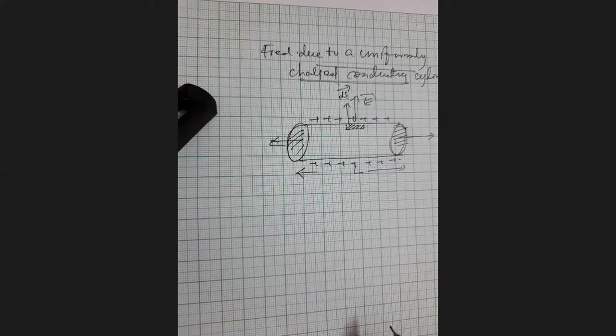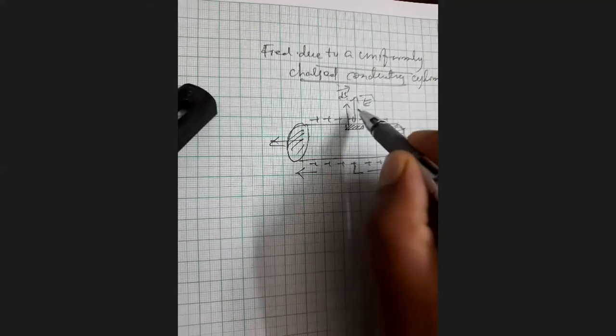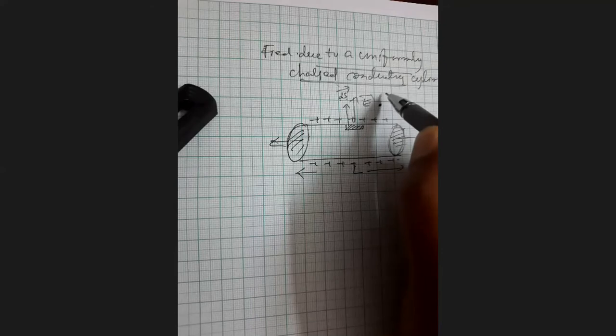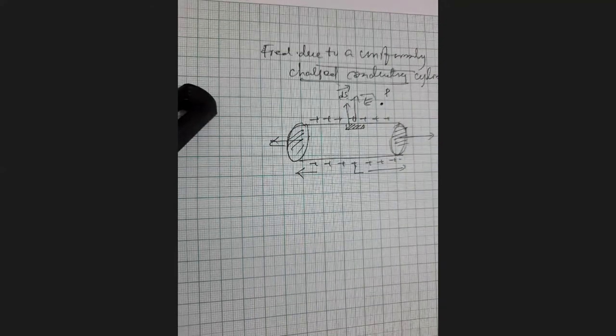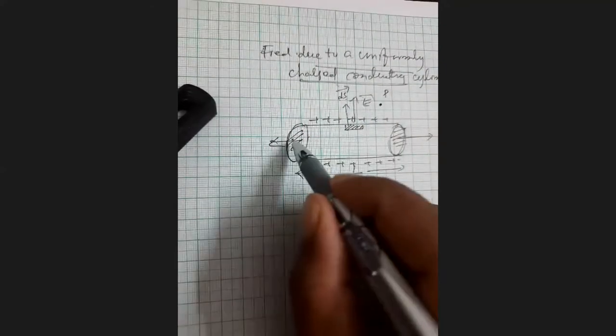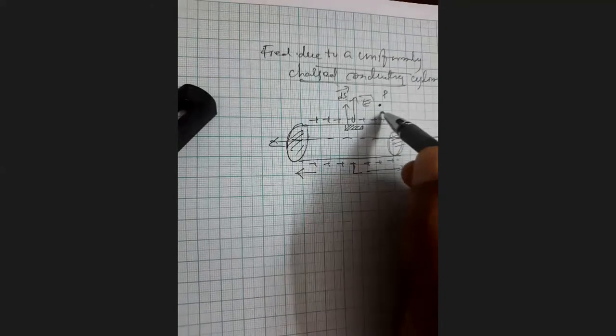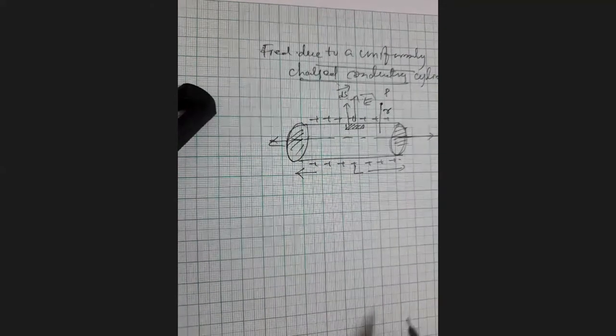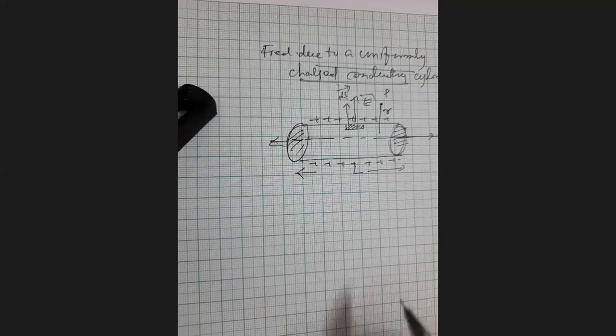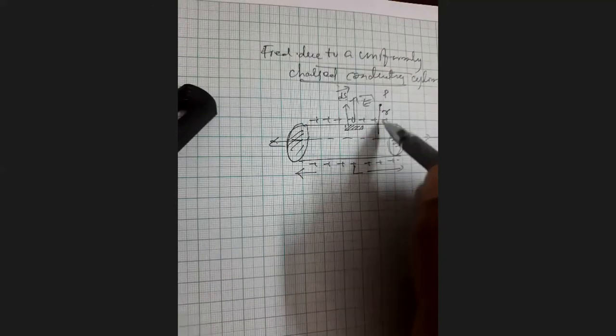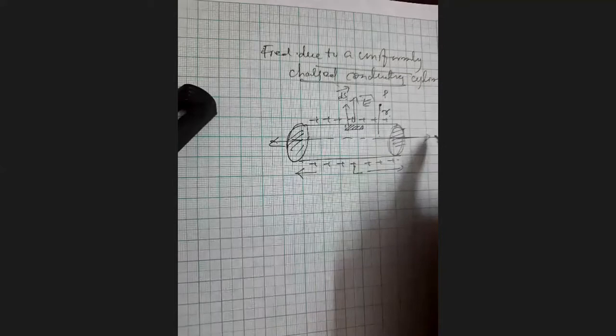Now our intention is to calculate the field strength at a point P outside of the cylinder, which is at a distance r from the axis of the cylinder.